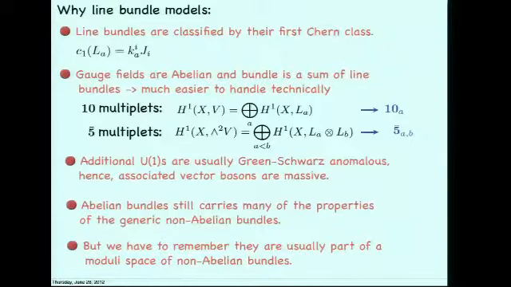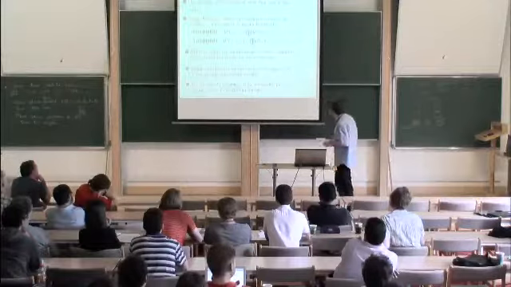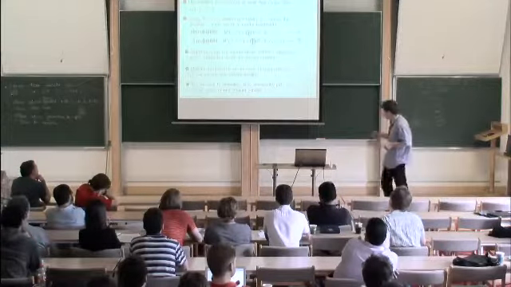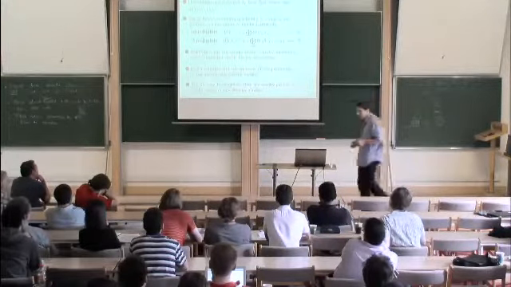So you might or might not, physically speaking, be at or near this locus. That we don't know, but even if you're not, you might still think of this as a technical tool to explore the wider moduli space at a locus where things become much easier. And indeed, many of the properties of these abelian bundles would carry through to the wider moduli space, such as parallel symmetries and so on. But we have to remember that that's the case, and I'll come back to that.